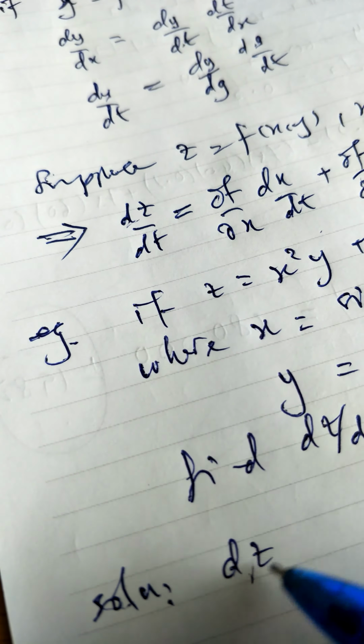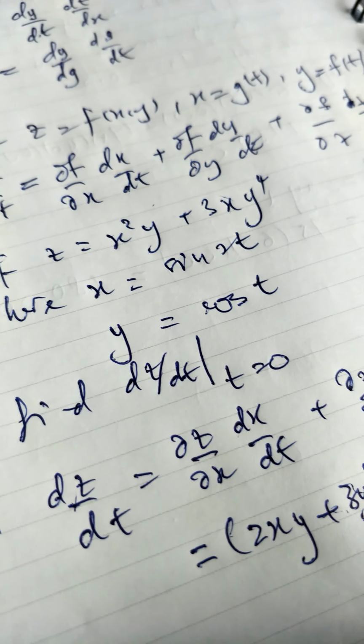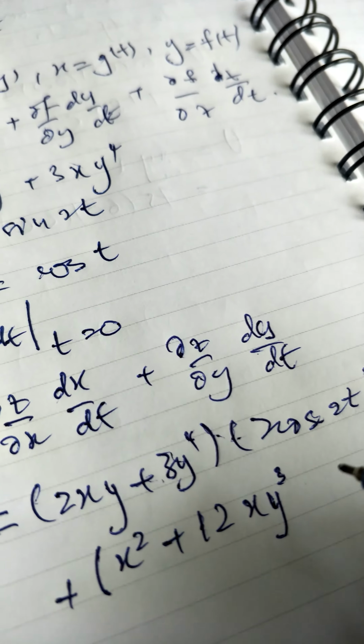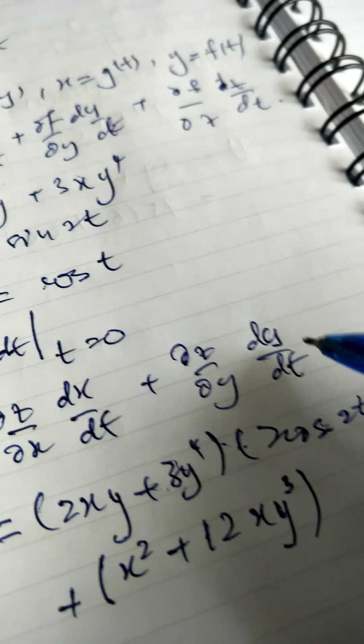Okay, so that gives us del z/del x, which is 2xy plus 3y to the 4, times dx/dt, which is 2 cos 2t, plus del z/del y, which is x squared plus 12xy cubed, and dy/dt is negative sine t.